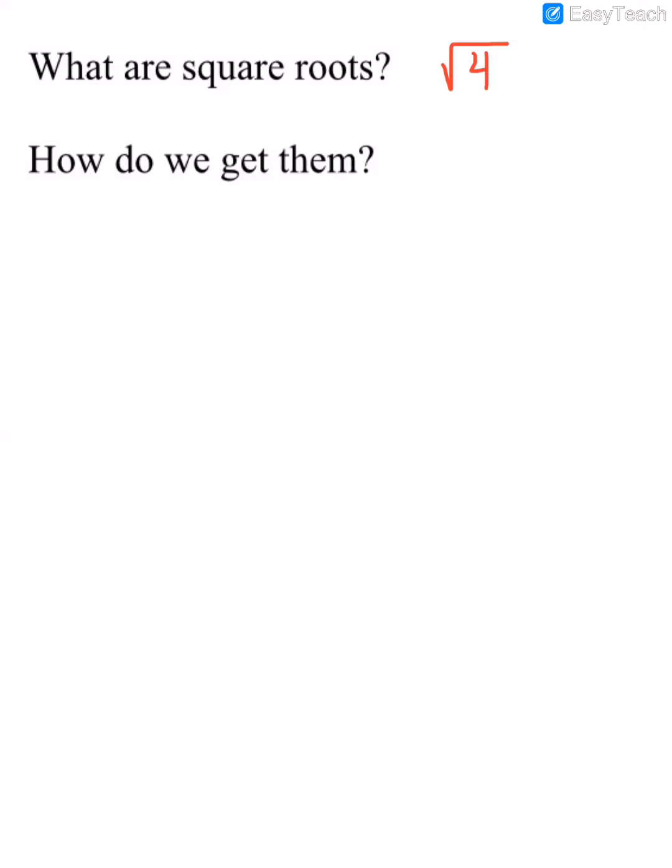When we are trying to find the square root, we're asking ourselves, what number can we multiply times itself to get that number? So in this example, the square root of 4 would be 2 because 2 times 2 equals 4. But the square root of 4 could also be negative 2 because negative 2 times negative 2 is also 4.